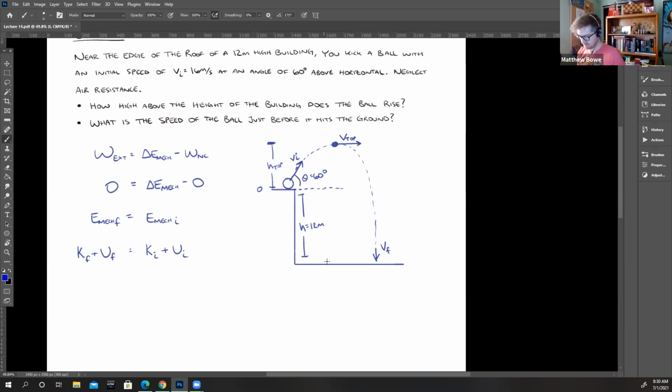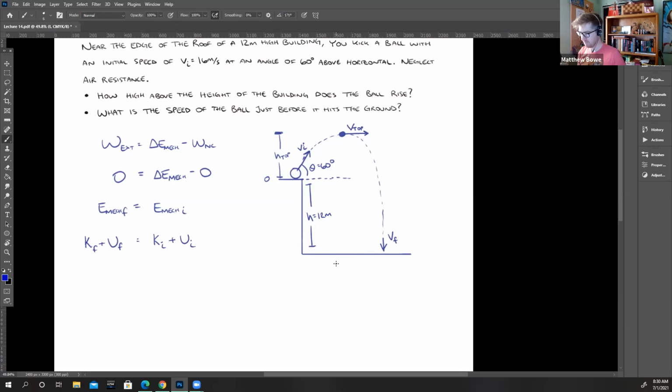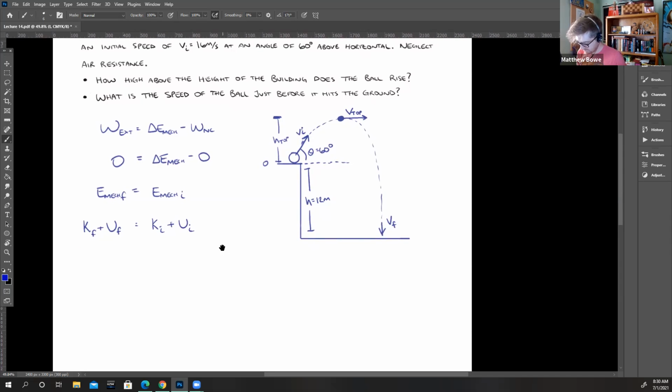Maybe this problem could have just given us an energy and said find the height. That's also doable this way. So let's flesh this out a bit more. Final and initial, I'm just going to write them out even more in full.